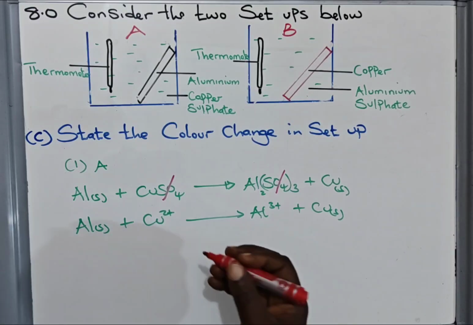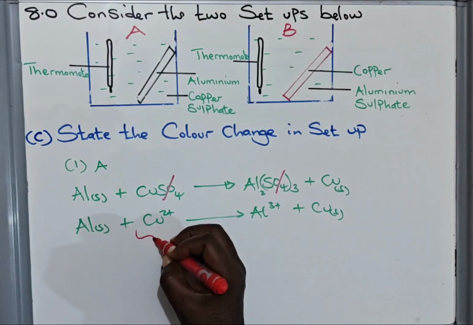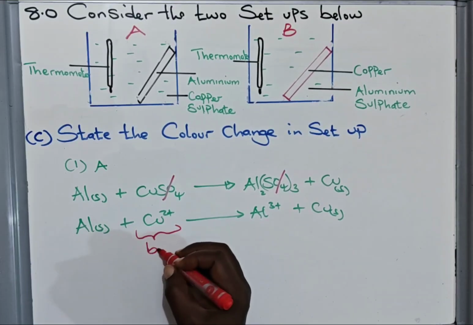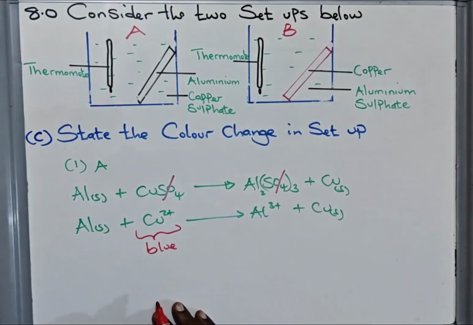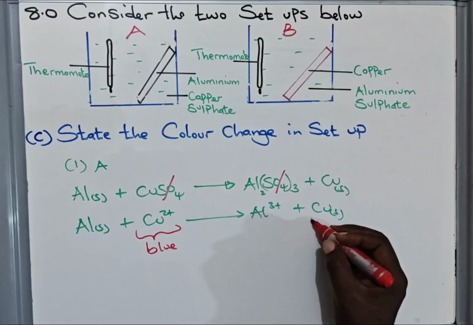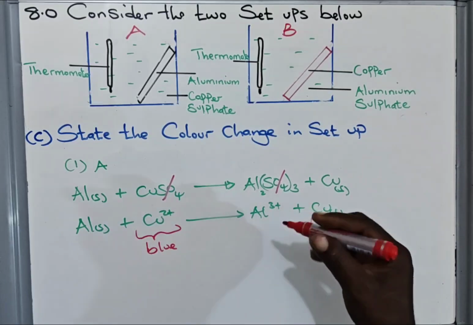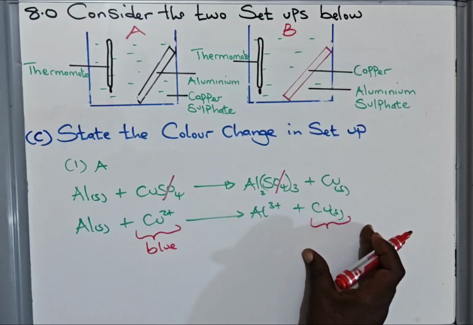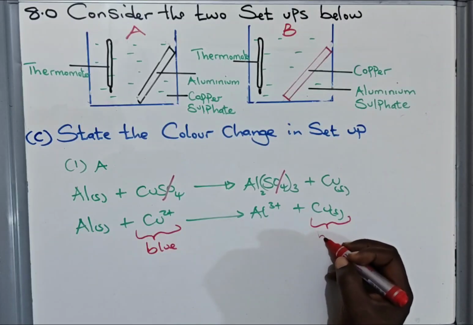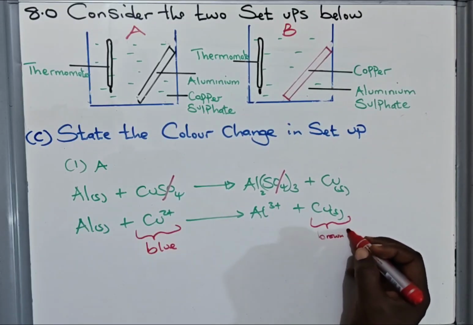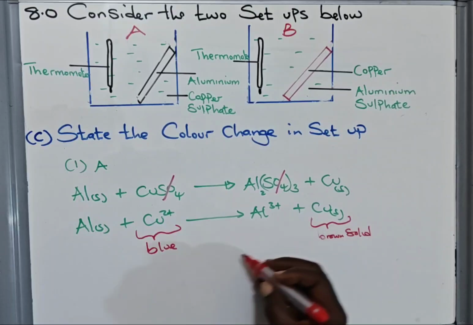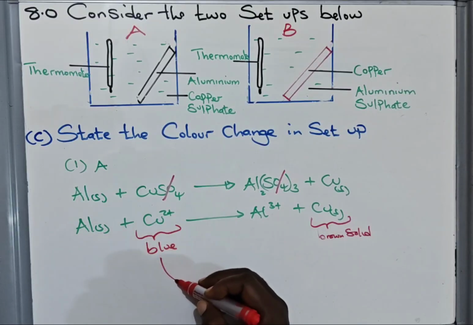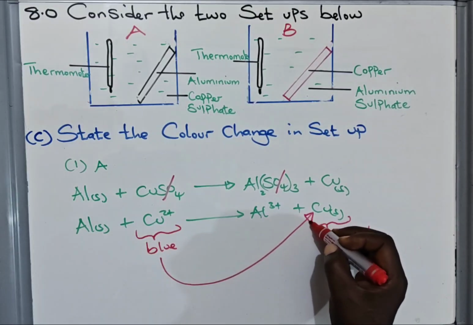With this equation, what do we notice? Because of the copper ions, this solution is blue, and it's now changing into copper solid. Solid means it's not dissolved in water, so we are going to have a brown solid suspended. We're having the blue being taken out.